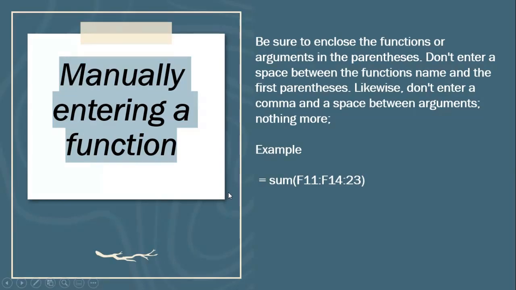Here, it's telling you that you can always use the parentheses around the arguments, and also never leave spaces between the functions. Whenever you use a function, never leave a space in between, and never use commas in between the arguments. So no spaces, no commas. That's everything it's telling you about the functions.